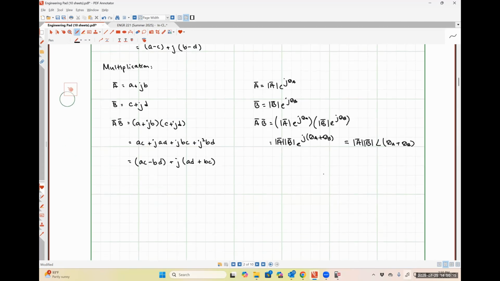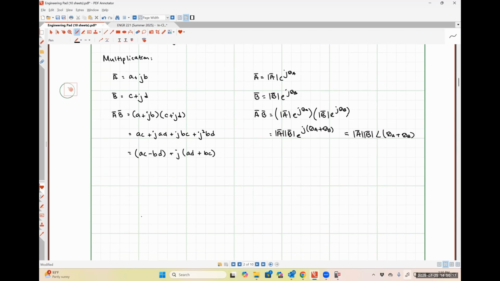Okay. Now let's talk about division. Division is a bit of a pain in the ass in rectangular form. So I'm mainly showing this to you guys in order to show you an identity that I'm going to use a couple of times throughout this class.